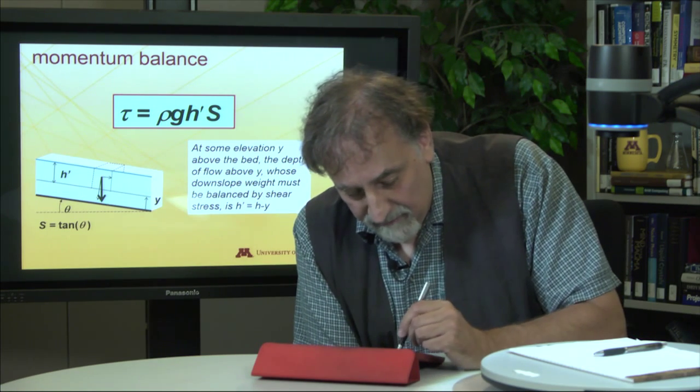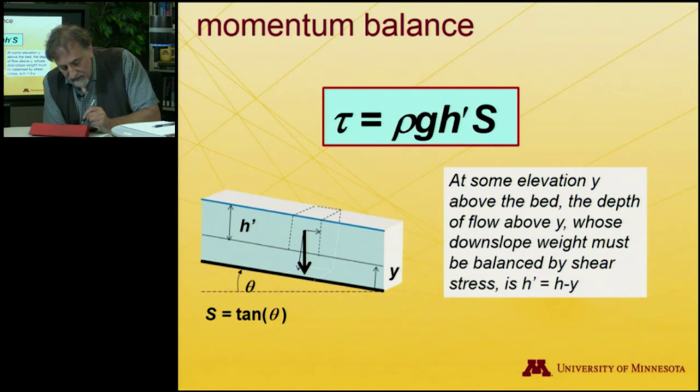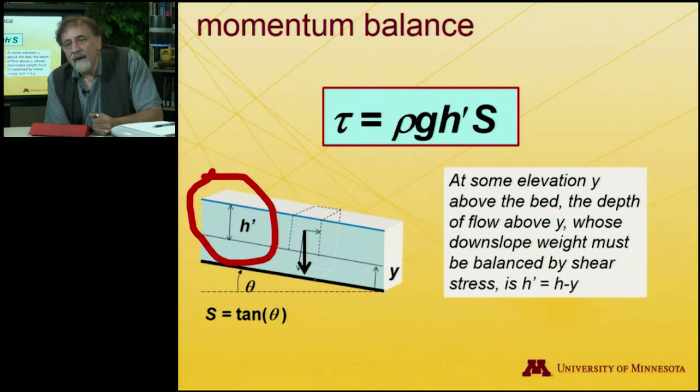So in particular, if we just pick some elevation here, we'll call it H prime. So we have H prime distance of water above us, and if we started out at the bed, at the point at which we have H prime distance above us, we must have Y distance below us, because the sum of Y and H prime has to be equal to the total depth.